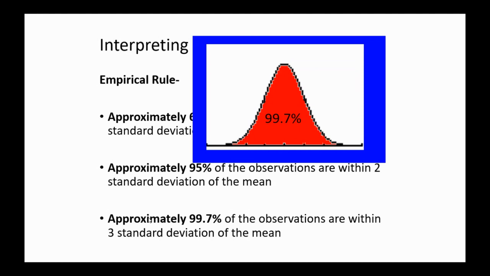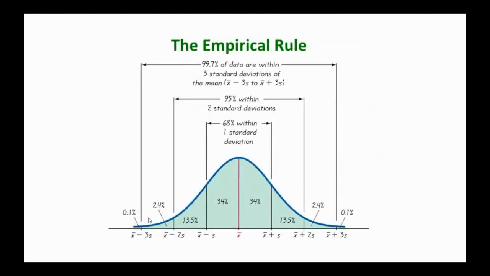And so what we're actually going to talk about on the next page, if we're more than three standard deviations away from the mean, that's why it's so unusual. Because 99.7% of your data should be within three standard deviations. If you get a point that's not, that's pretty rare. Okay, so they give you a nice little chart to help break up the different areas that we just talked about.